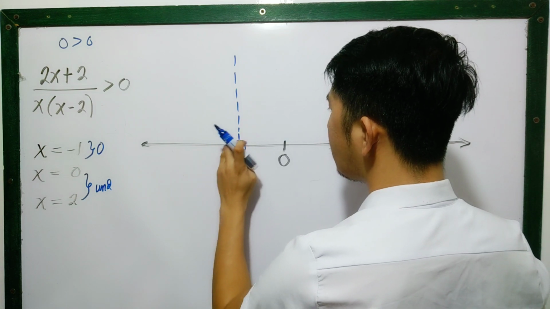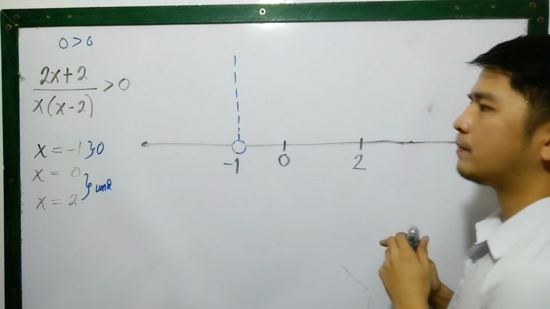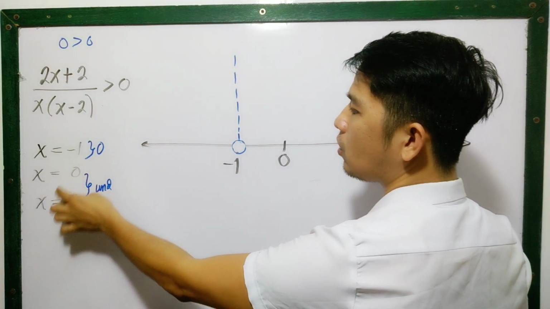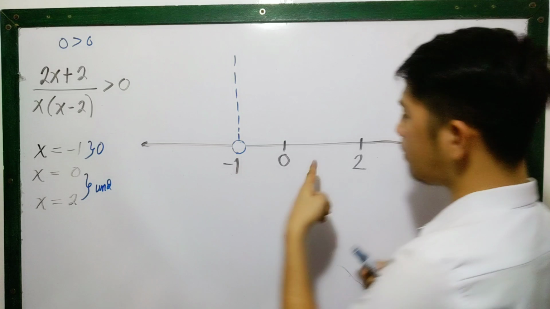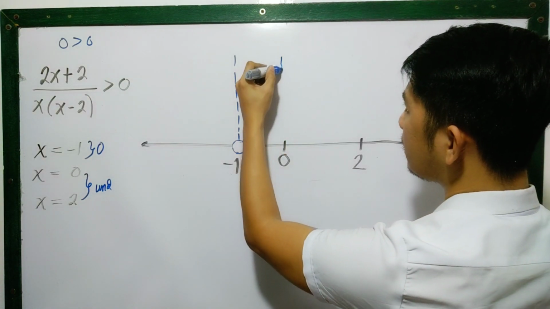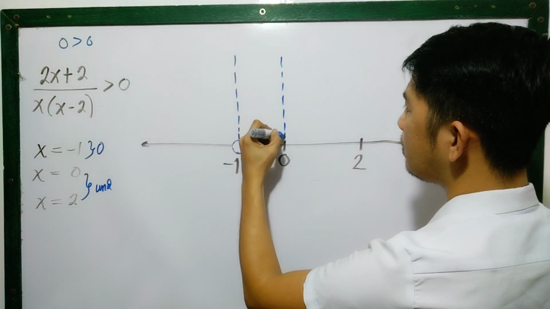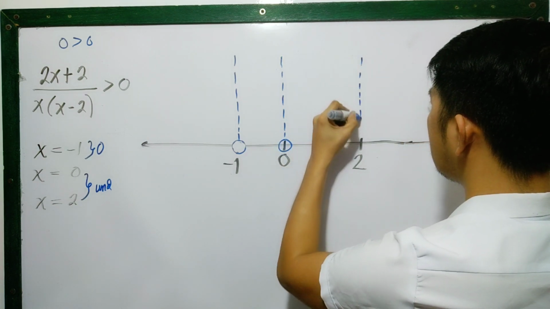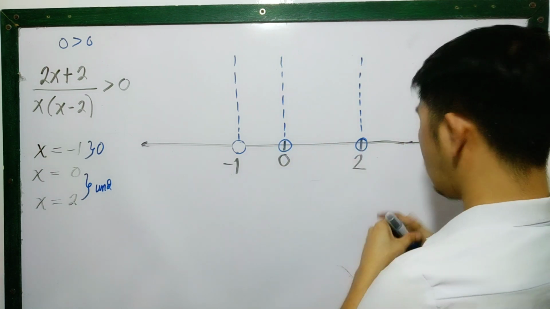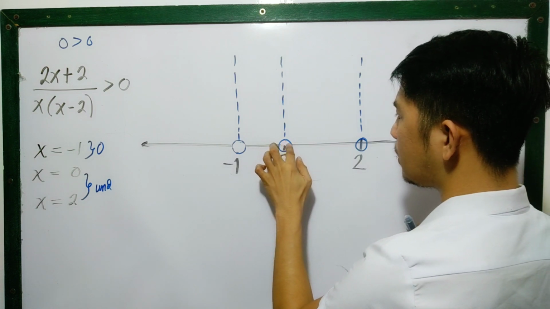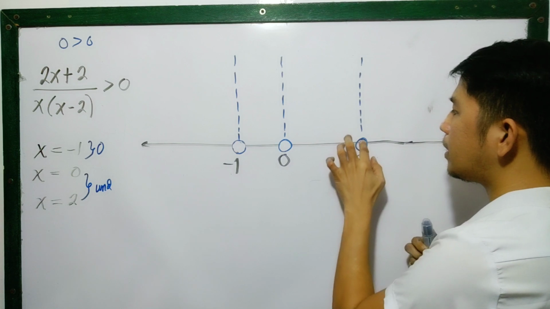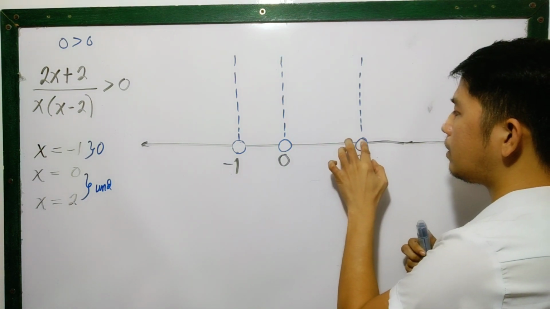I-open ko siya dito, ha. Okay. Next. When x is 0 and positive 2, magiging undefined. So, automatically, they are not included. So, open circle. Alisin natin ito para makita natin na sila talaga ay hindi included.